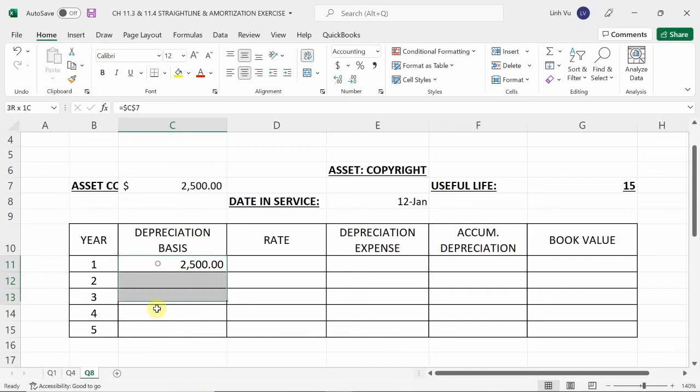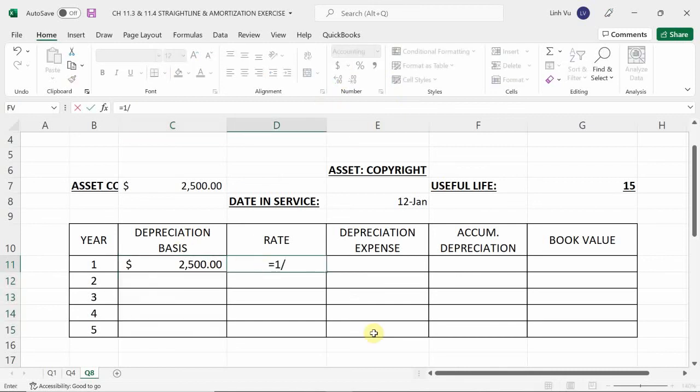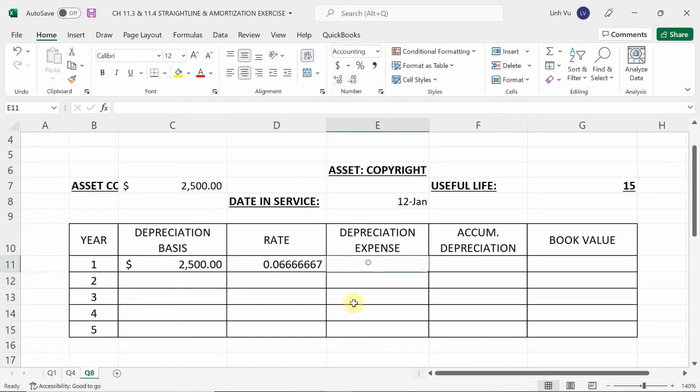The rate we got is 1 up to estimated useful life, like 1 up to 15. Sorry, 1 over 15. We got 0.0666667. Okay, good. So what's my depreciation expense? Or in this case, amortization expense.